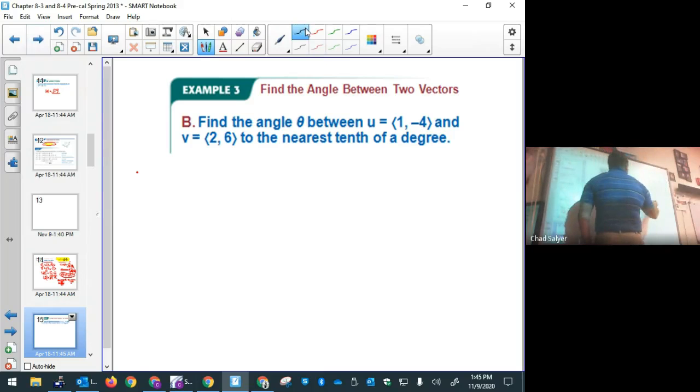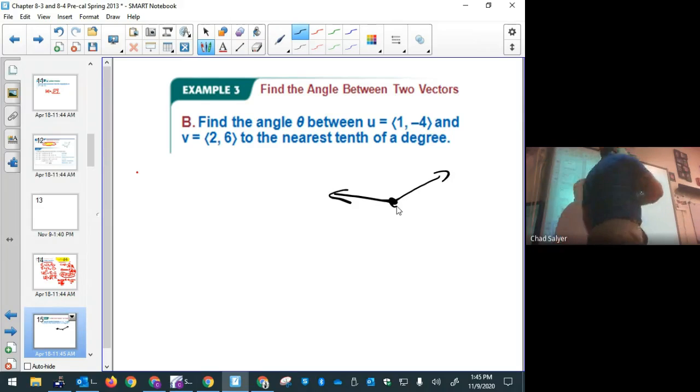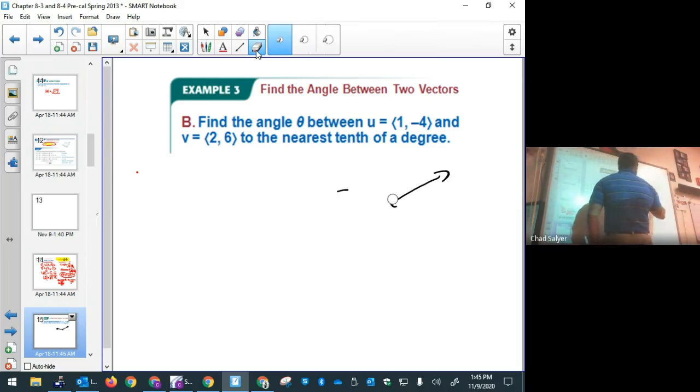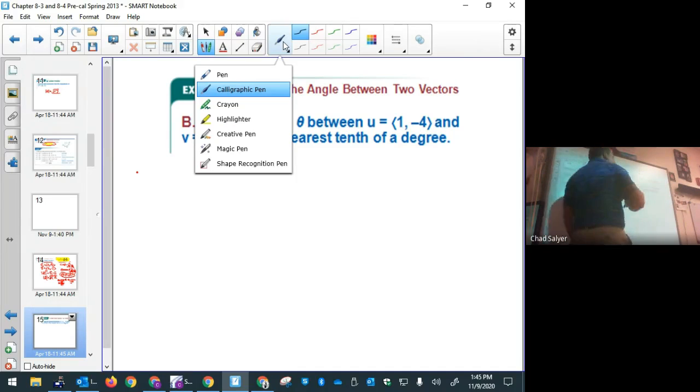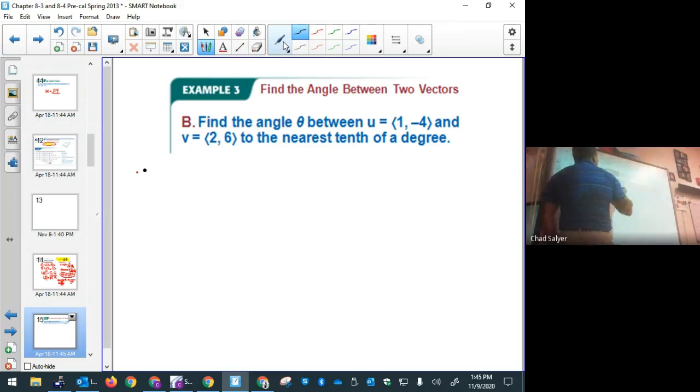If I'm talking about two vectors that share an initial point, there's no way I can write these such that the smallest angle won't be less than or equal to 180. So don't worry about the cosine giving you something false. In this case, it will always be the final answer.